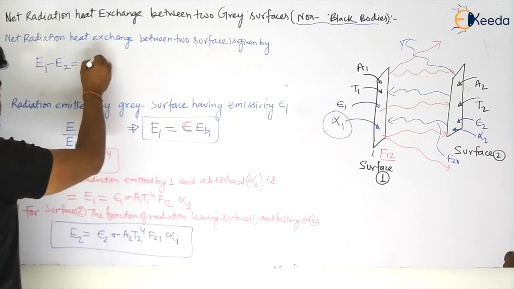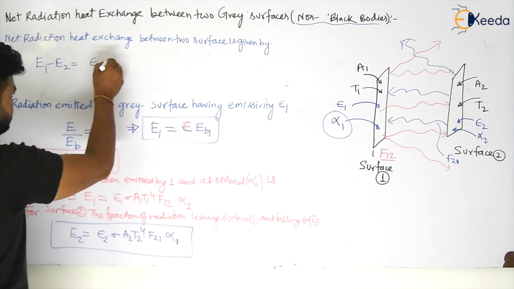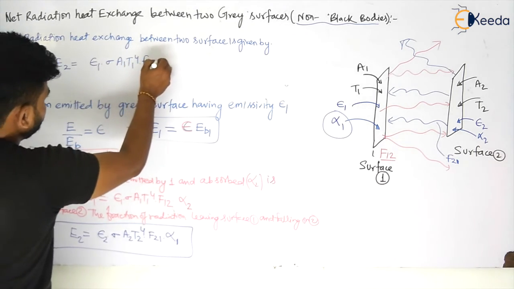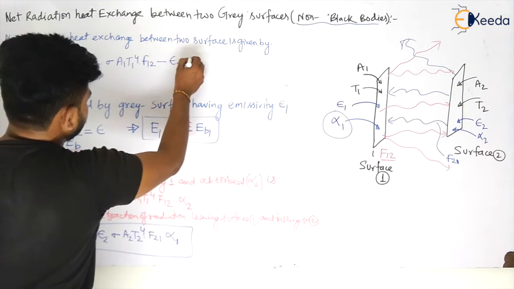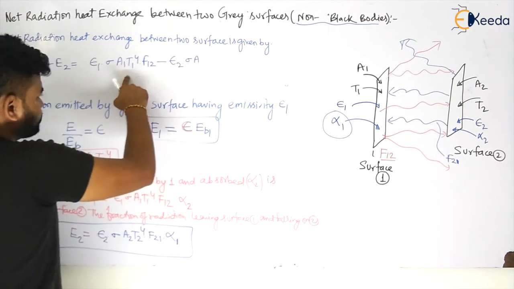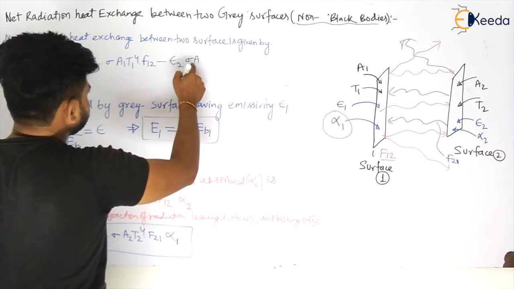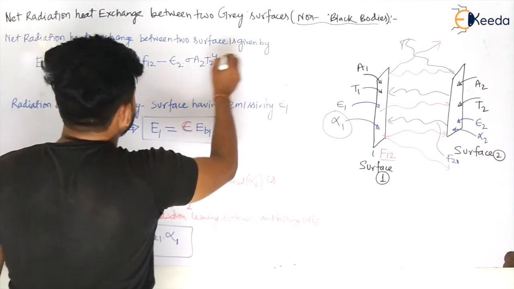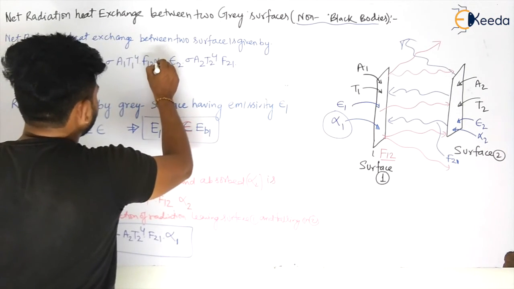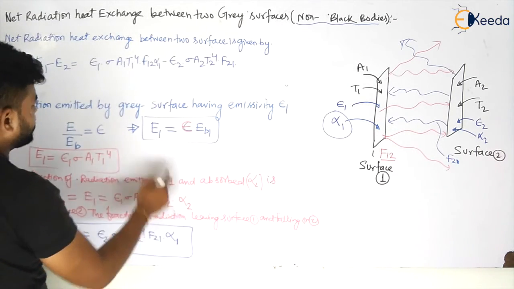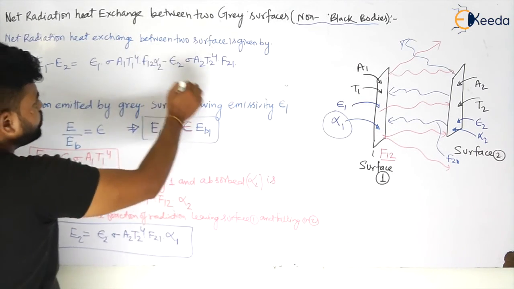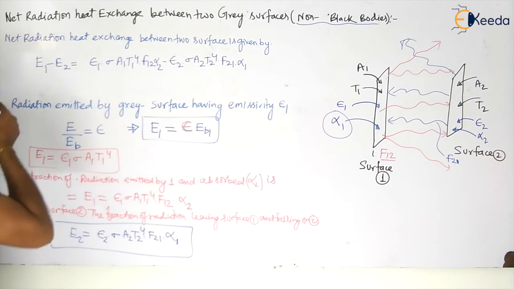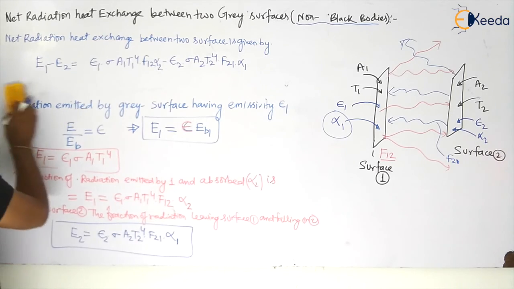E1 is epsilon 1 sigma A1 T1 to the power 4 into F12 minus epsilon 2 sigma A2 T2 to the power 4 into F21, my dear students. And I have not taken alpha 1. Let us take alpha 1 here. In this case, this will be alpha 2. In this case, this will be alpha 1. So now using the reciprocity theorem, what you will have?